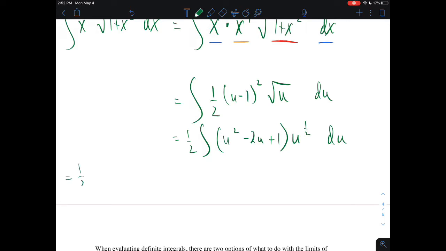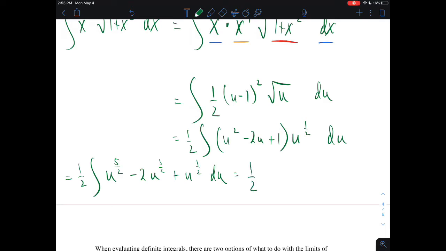So I have 1/2 times the integral of u to the 2 plus 1/2, which is 5/2, minus 2u to the 1 plus 1/2, which is 3/2, plus u to the 1/2. This is actually something that we can finish because this is all just power rule antiderivatives.